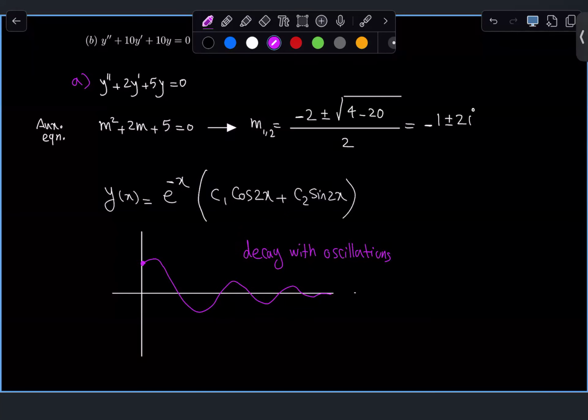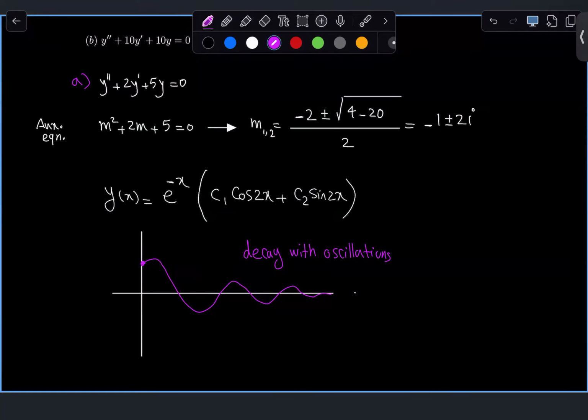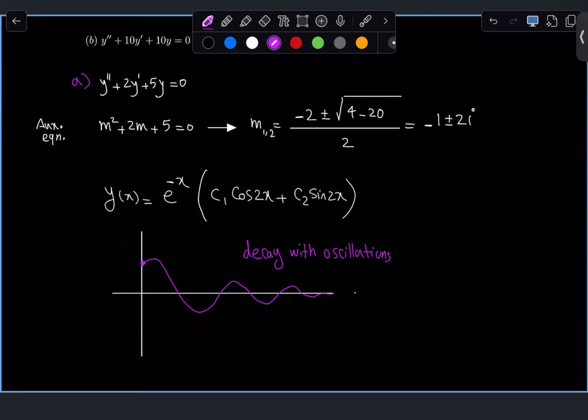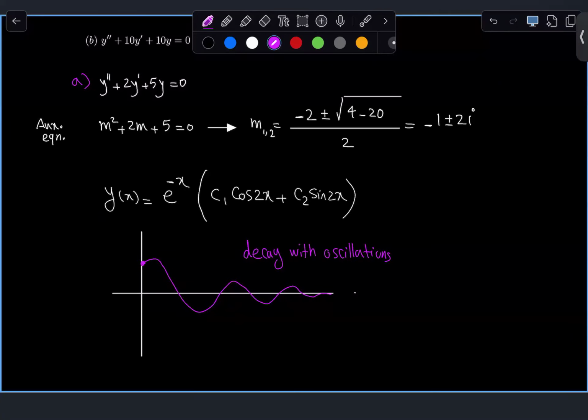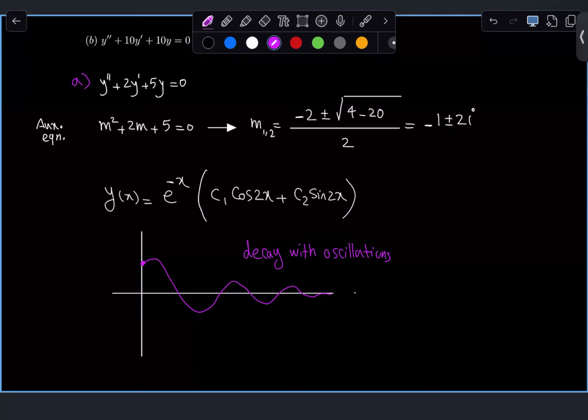Okay. And if I give you a physical problem like a mass spring damper system or a pendulum, I will always give you the equation. You don't need to worry about doing a force balance or anything like that. I will give you this, but you know what it means, right? So displacement over time is oscillating and decaying. And in the context of that problem, what kind of damping is this?